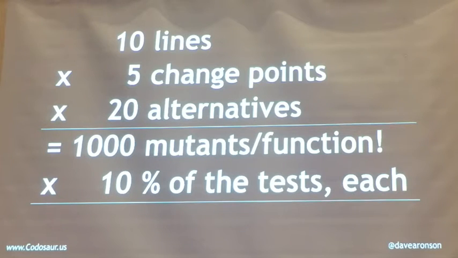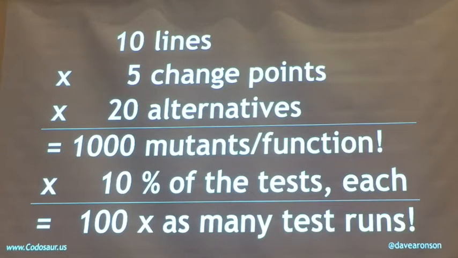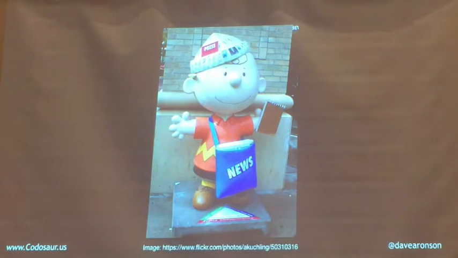But there is some good news. Over the past decade or so, there has been a lot of research into trimming down the number of mutants, mainly by weeding out those that are semantically equivalent to the original code or redundant with another mutant, or trivial in some other way, like if it raises an obvious error condition that the original code is not going to catch.